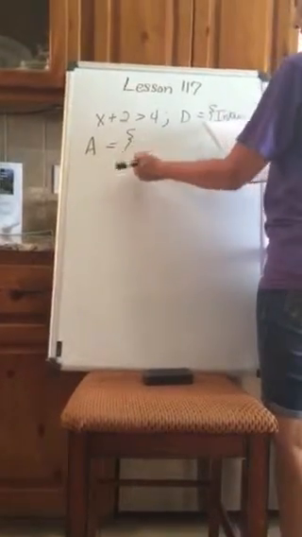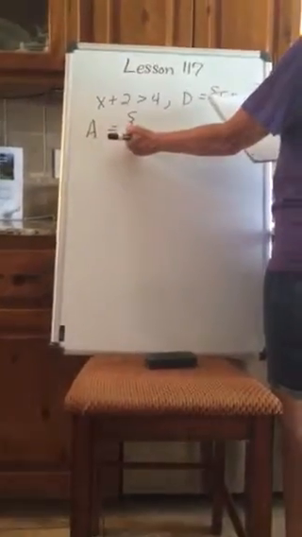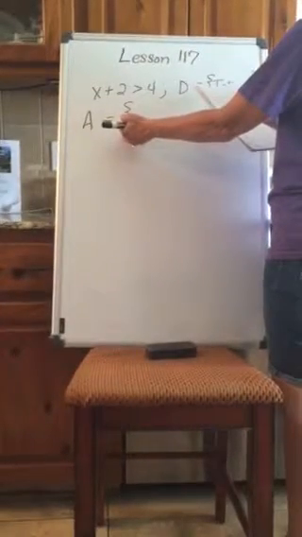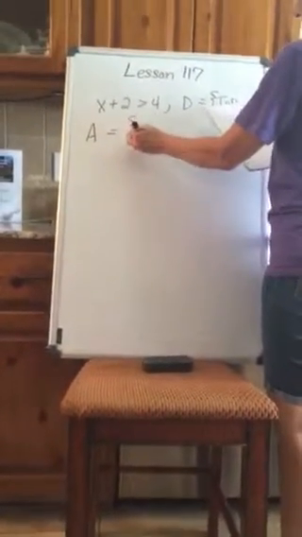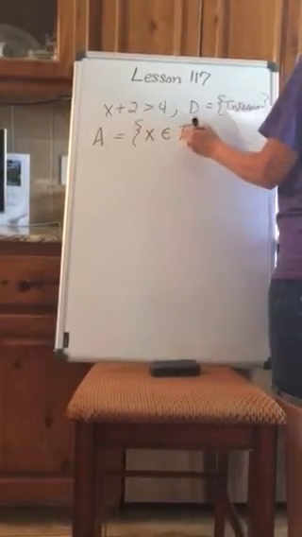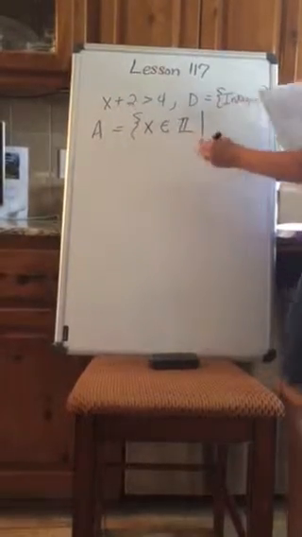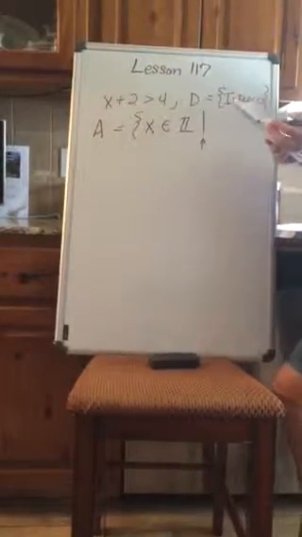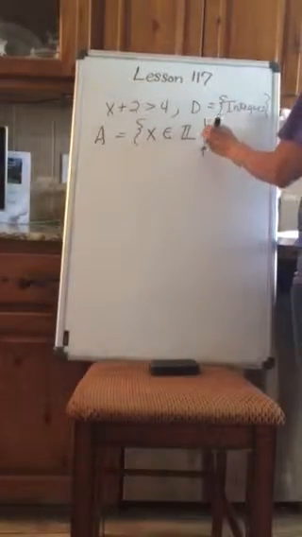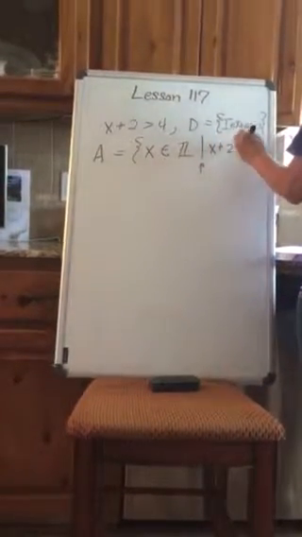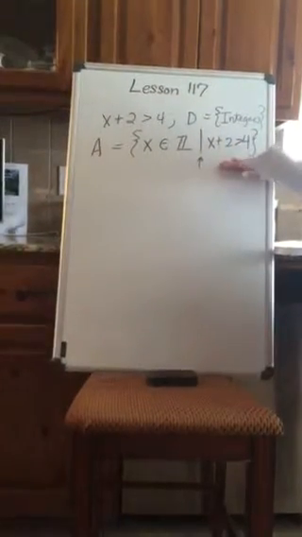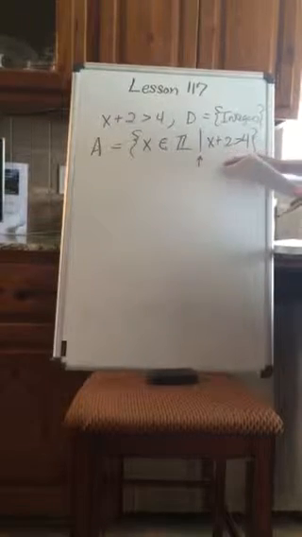A is, and then at this open brace, it says the set whose members are X, X is an integer, and the straight line, which looks like an absolute value sign, but you're going to read it as such that X plus 2 is greater than 4. So it's just reading our new terminology, the way the equation is set up.